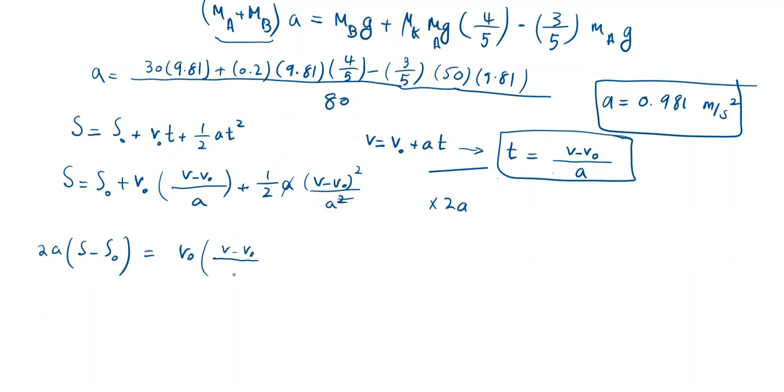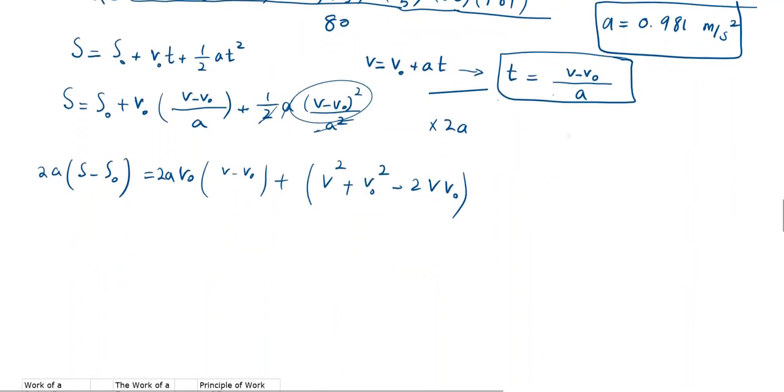v naught times (v minus v naught over a), which, as I said, I will multiply by 2a, so 2a times v naught times (v minus v naught), plus, if I again multiply by 2a, I would cancel both a's, and I get (v minus v naught) squared, which is an identity: v squared plus v naught squared minus 2 v v naught. So let me expand that out again.